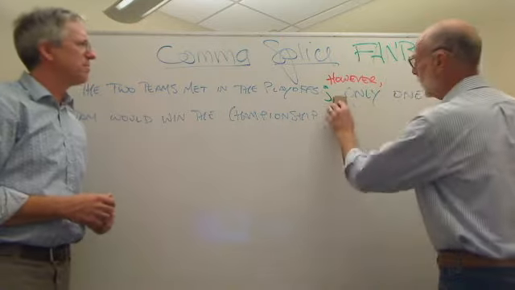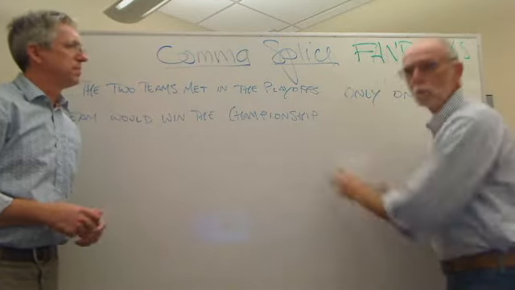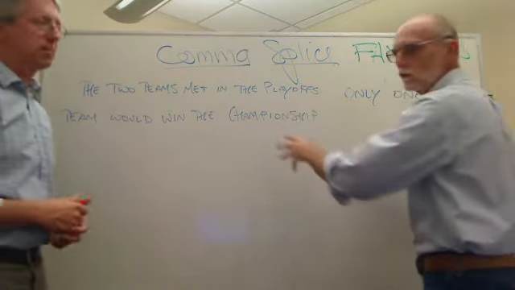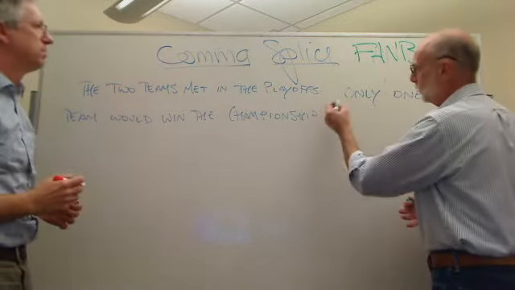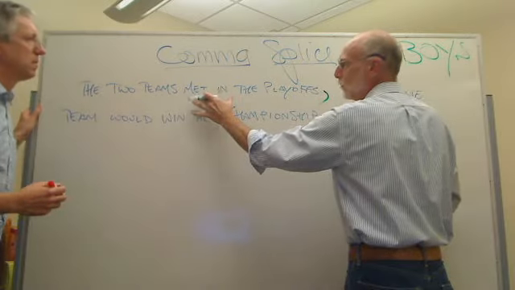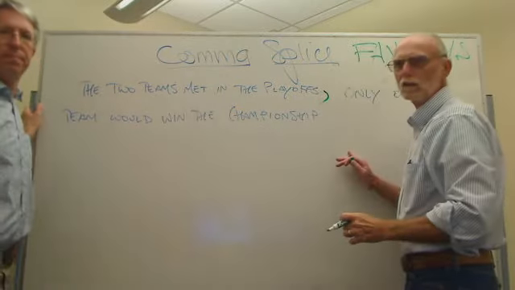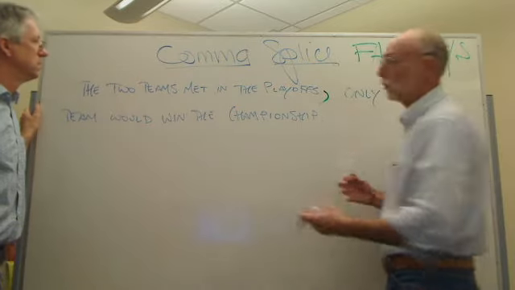Now there's a fifth way, all right? That fifth way is we're going to subordinate one of these clauses to the other one. And just for the purpose here, we'll put that comma back in because I'm going to subordinate this first clause. So we can take something like the subordinating conjunction although. All right.